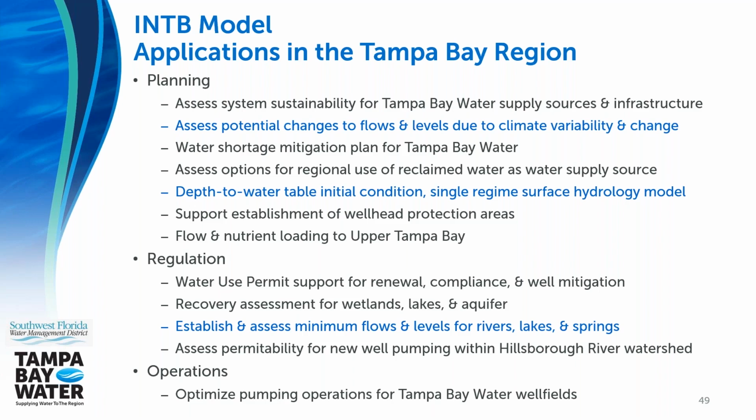First of all, for planning, it's been used to assess system sustainability for the Tampa Bay water supply system, used for climate variability and change investigations, for water shortage mitigation planning, assessing options for reclaimed water use in the future, to define depth to water table initial conditions for single regime surface water models, to support the establishment of wellhead protection areas and to define flow and nutrient loading to Upper Tampa Bay.